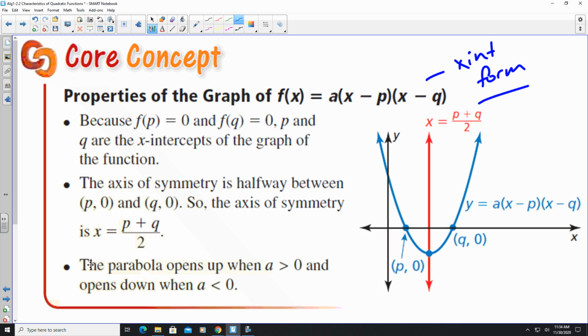So you're able to figure out what your x-intercepts are. In this case they are p and q. And then to figure out where your axis of symmetry is, it's going to be halfway between those two x-intercepts. So it's going to be p plus q divided by 2.